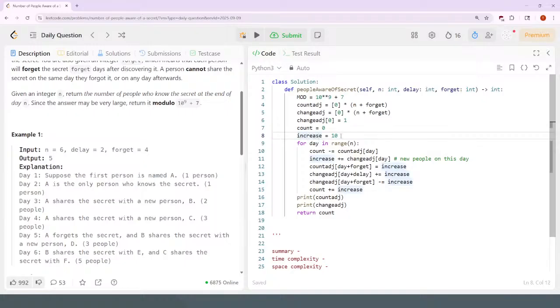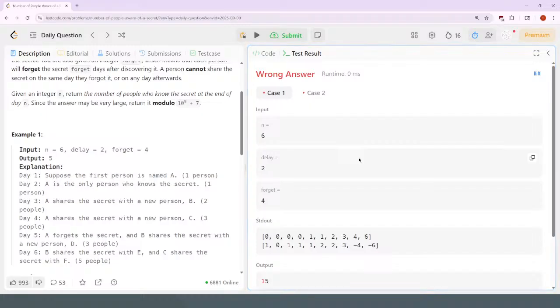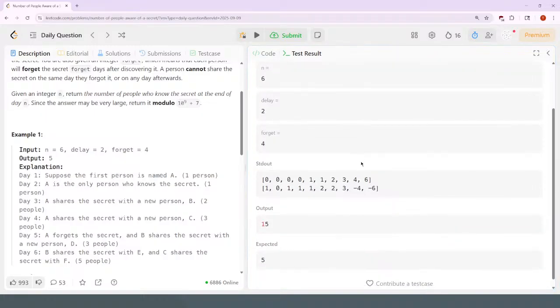Oh, whoops. Why is this down to 10? The increase shouldn't have started at 10. Okay, maybe that might be an issue. Okay, a lot closer.